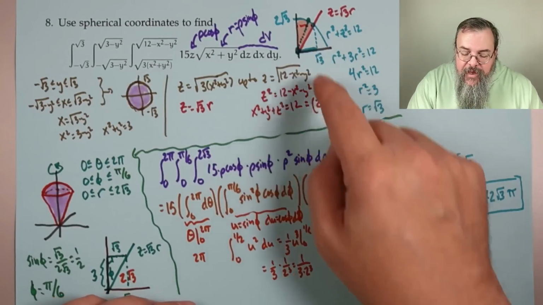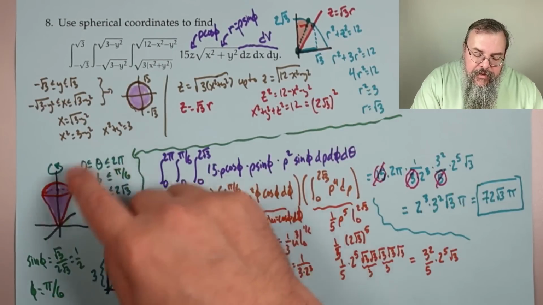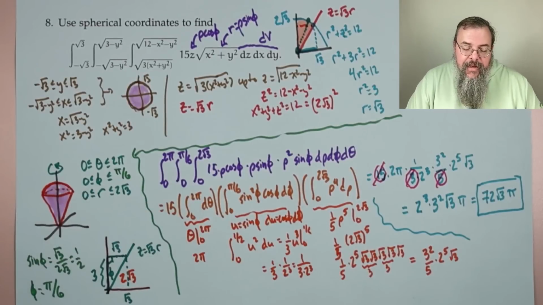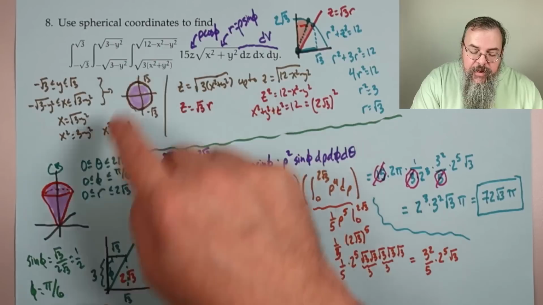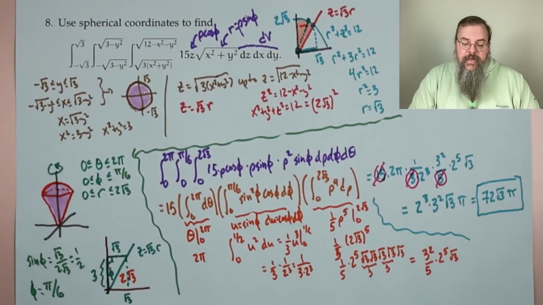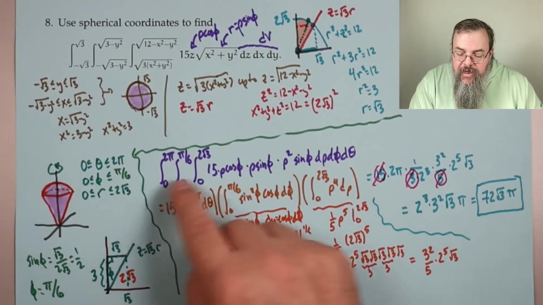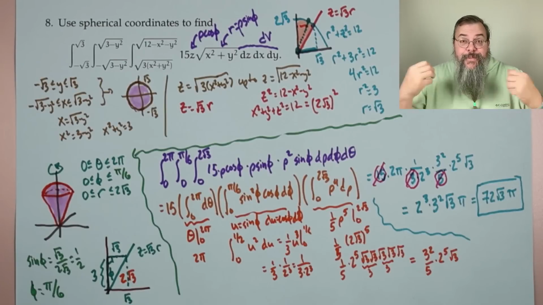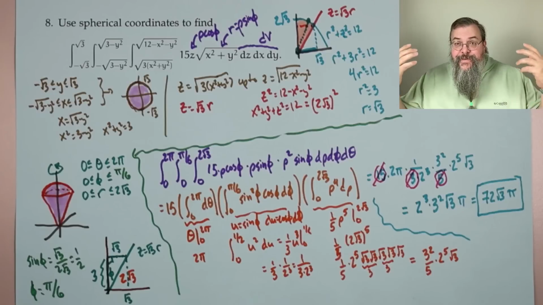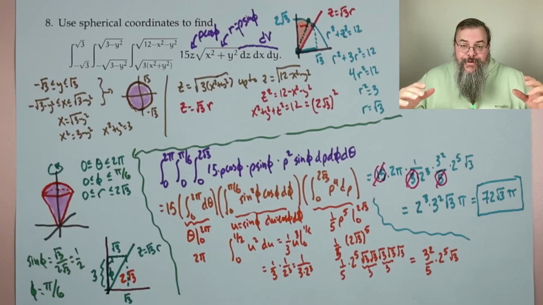Slices are useful, and then we figure out, hey, this is not a bad shape, and has a really beautiful description in spherical, which is why it makes sense to switch to spherical. And now, once we did that, we pull apart, work on each piece, put it all together. Life is good. We made it through.